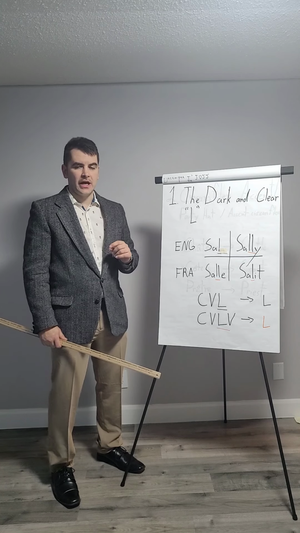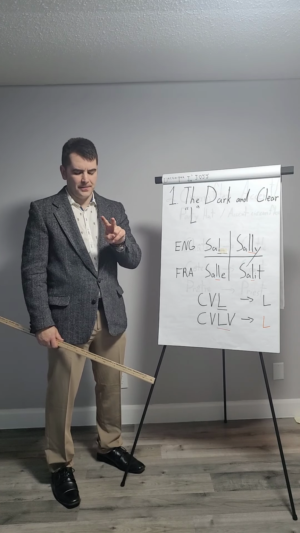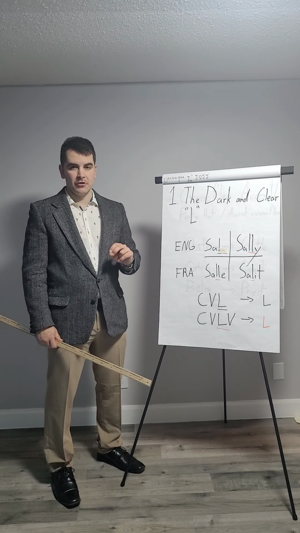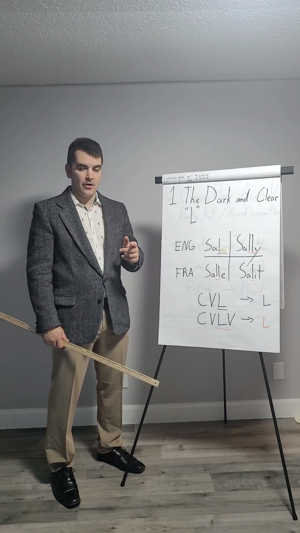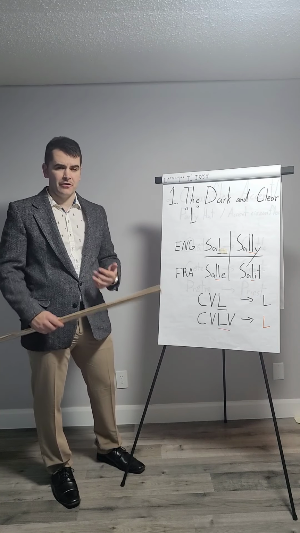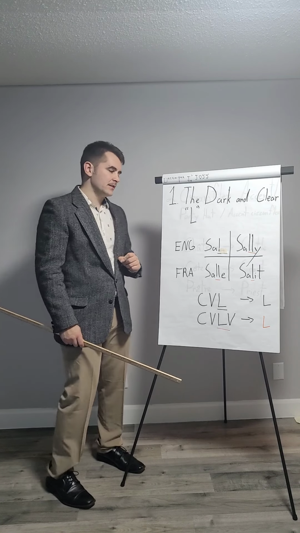While it is true that it doesn't actually make a difference in meaning when you use the different L's, it appears in different contexts, and it affects how you speak in Canadian French if you don't at least subconsciously know what that difference is.